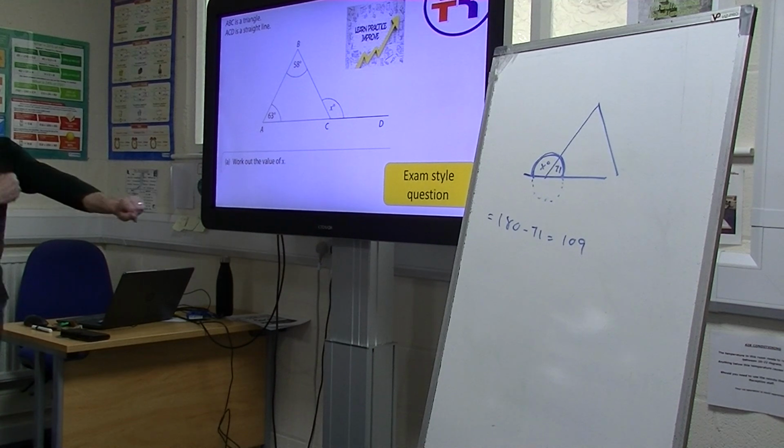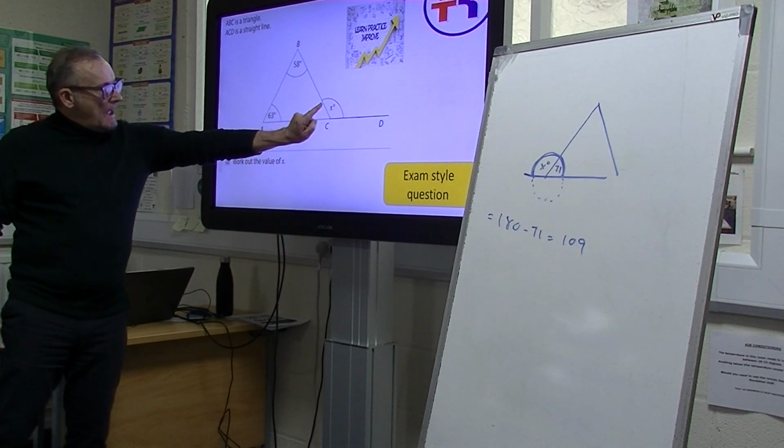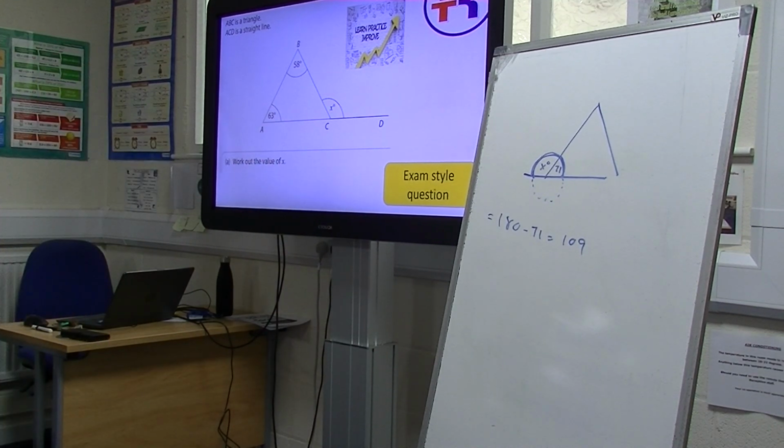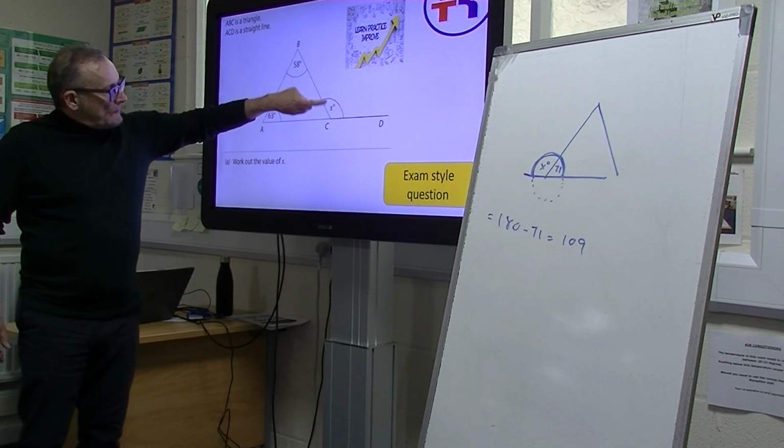Slightly more tricky. Work out the value of X. You've got to do something else first. It's going to be more than 90.